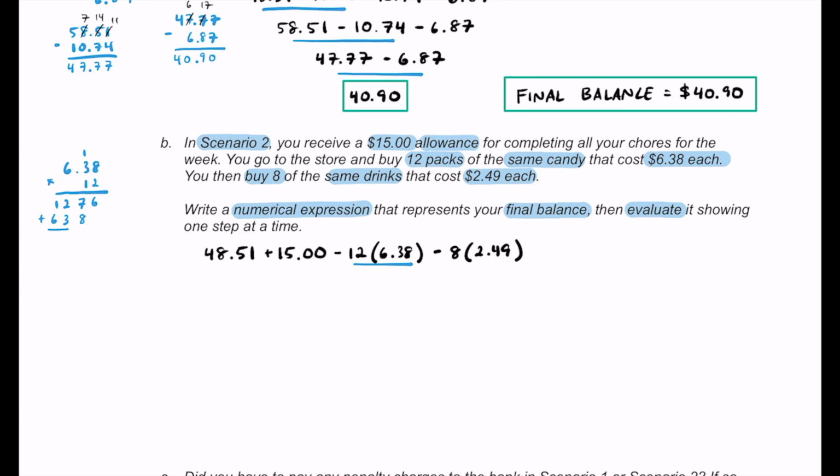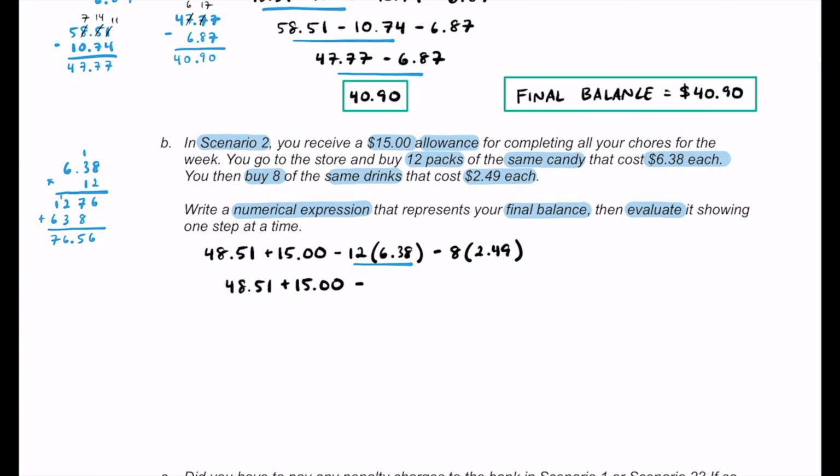If we add these two together, we have 6. 7 plus 8 is 15, carry the 1. 1 plus 2 is 3, plus 3 is 6, and 1 plus 6 is 7. We need 2 decimal places. So 6.38 times 12, basically we're buying 12 of these packs of candy, is going to cost $76.56.